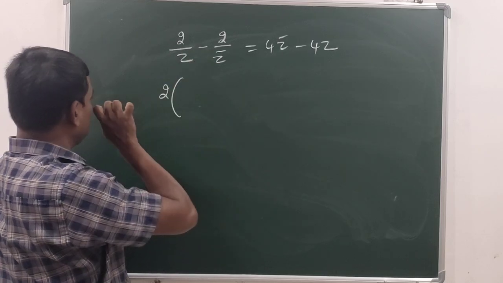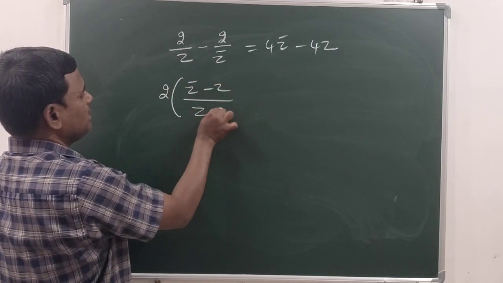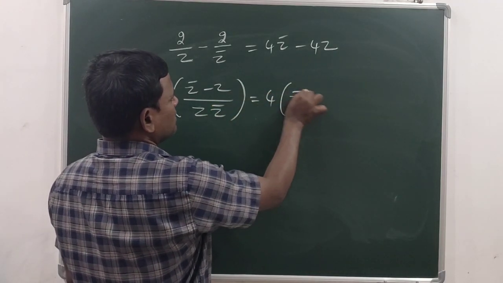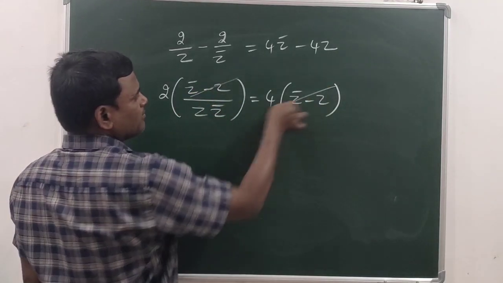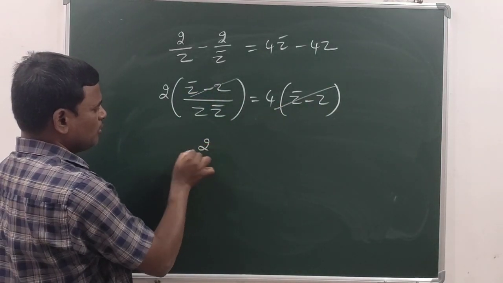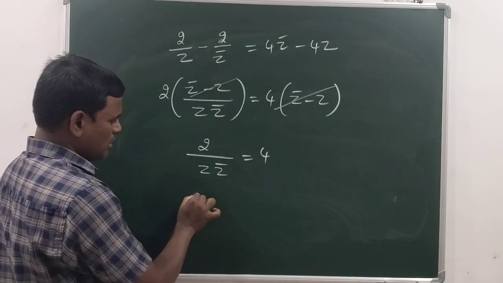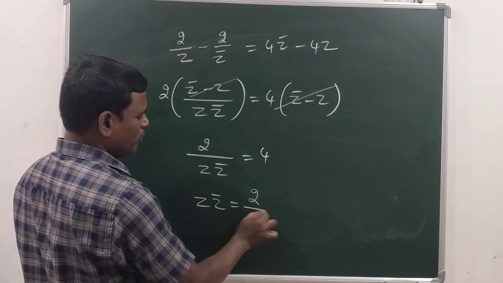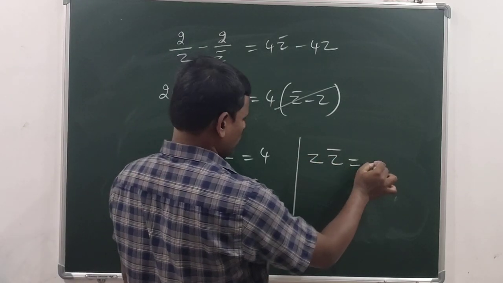Taking 2 common and cross multiplying, we get 2 times (z bar minus z) by z z bar, which is equal to 4 times (z bar minus z) if you take 4 common. Now both of them cancel. What is left? 2 by z bar is equal to 4. Now 2 by 4 is equal to z bar, which is equal to 1 by 2.